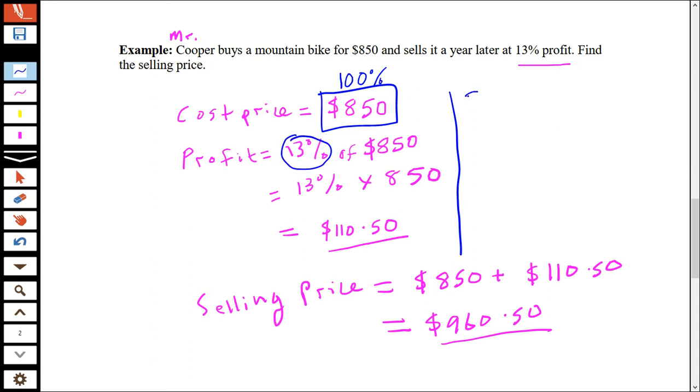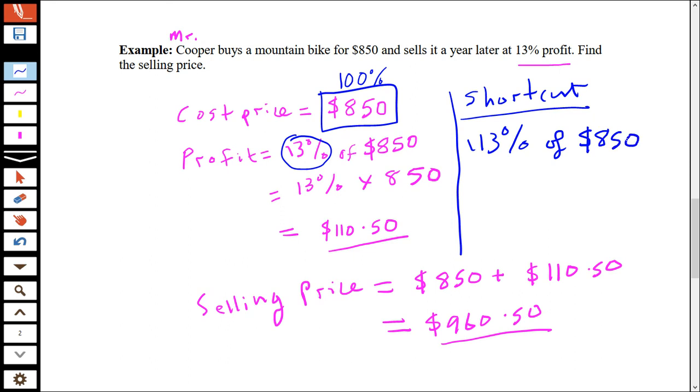So the quick way, if I write down the shortcut, is to find 113% of $850. Okay. So just put that into your calculator, 113% times 850, and you get the same answer, of course.